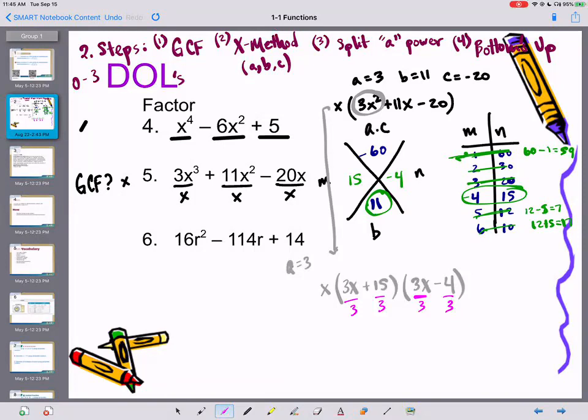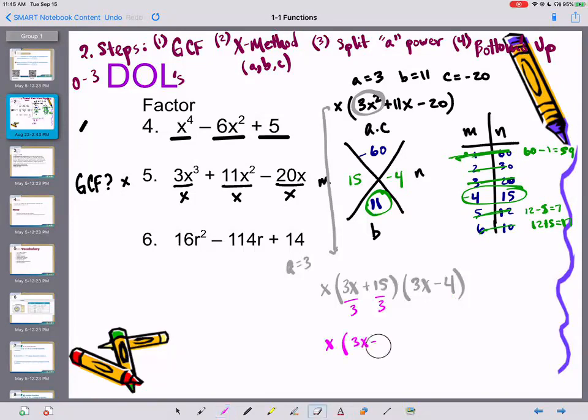Let me ask this way, the front parenthesis. Can 3 go into both 3x and into 15? Yes. On the second parenthesis, can 3 go into 3x and negative 4? No. So for bottoms up here, bottoms up means if you can divide into it, you do. If it doesn't go in, you leave it alone.